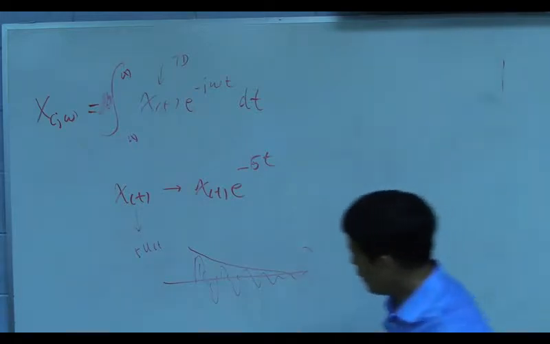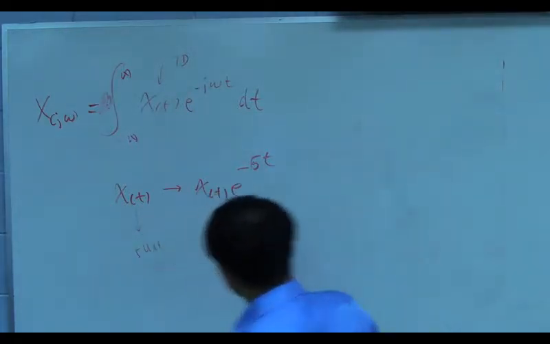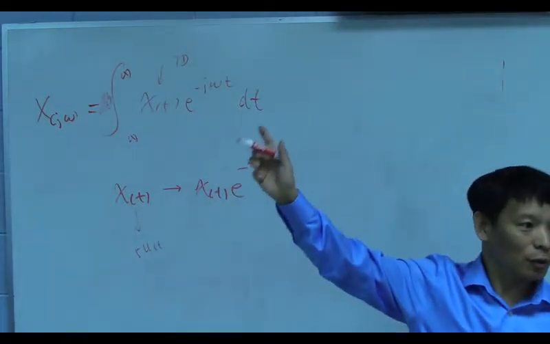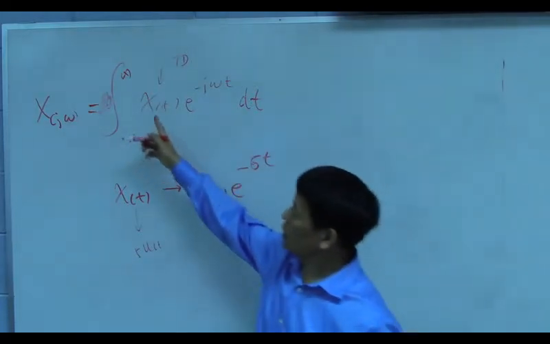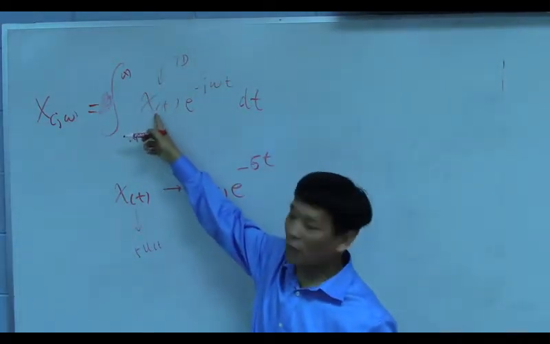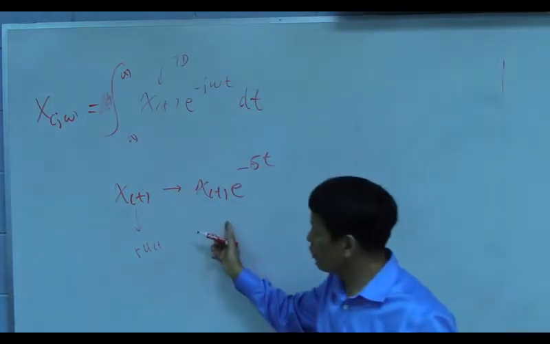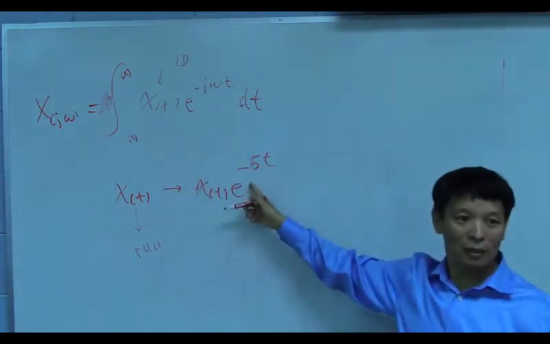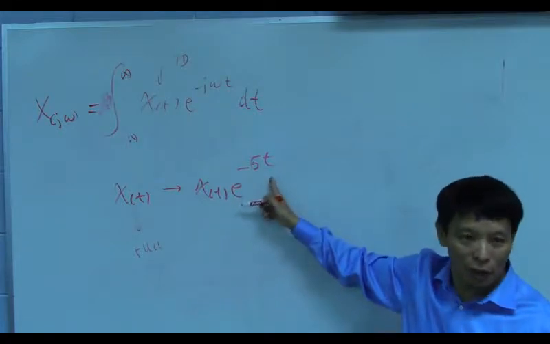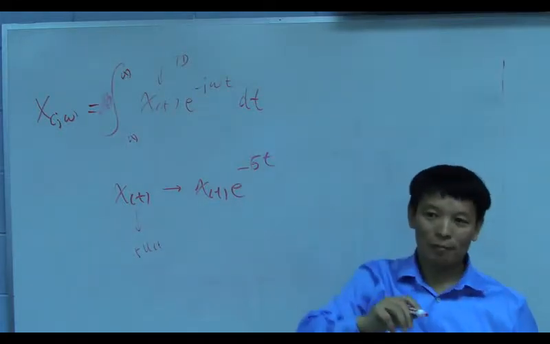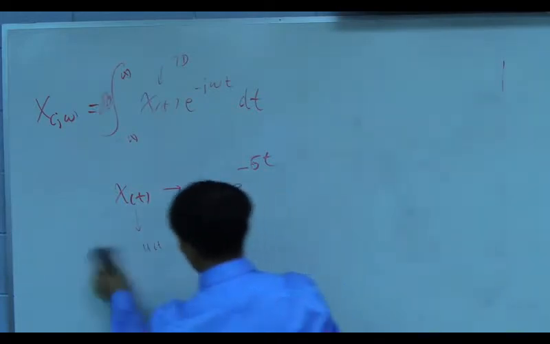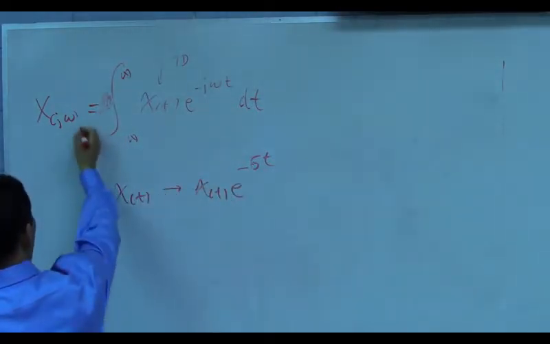So basically, the Laplace transform is a special Fourier transform. For the Fourier transform, you just use the given analog signal, multiply by e to the j omega t, and do the integration. But for the Laplace transform, you multiply by e to the negative sigma t first, then do the integration. So this is the Fourier transform.